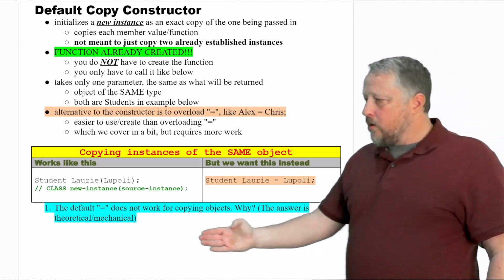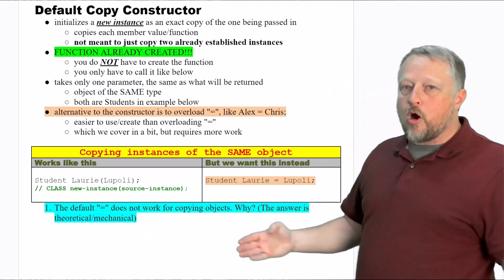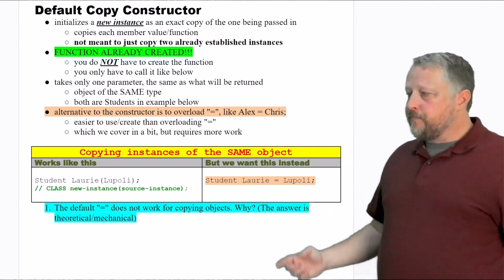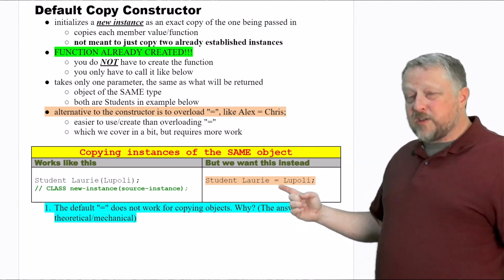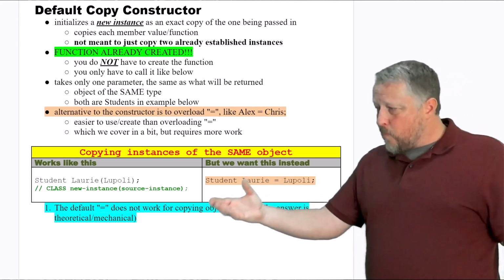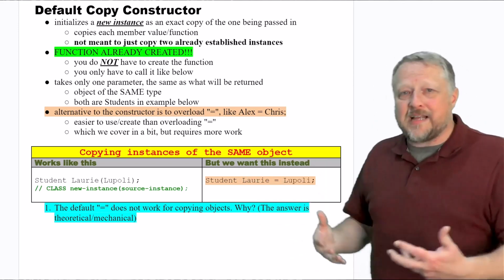Now, we could not use the default equals for our work in copying of objects because, frankly, this equal is much more complex. We're dealing with whole objects. Both of these are an instance of students. Student has a lot of data in it.